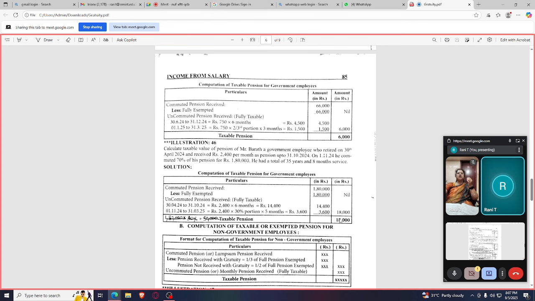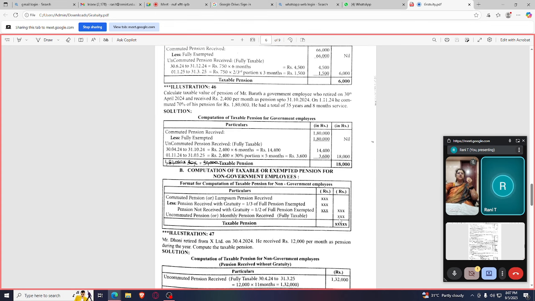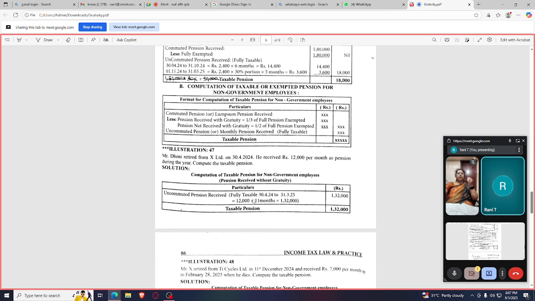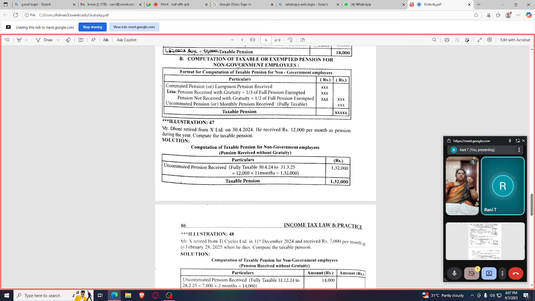So this is in case of government employees, and I am going to teach you what will happen in case of non-government employees in order to find out the taxable as well as the exempted pension. So here also what we do is we take into account the commuted pension. You take and write, there is a format here for non-government employees.